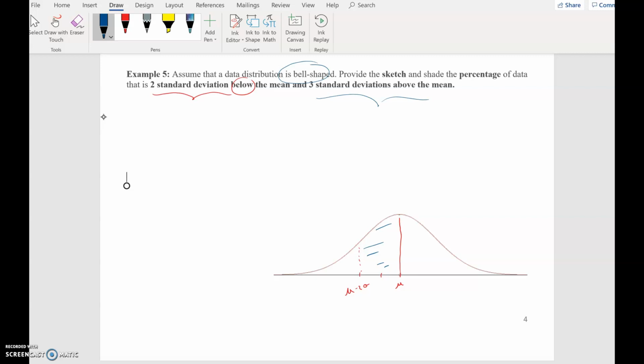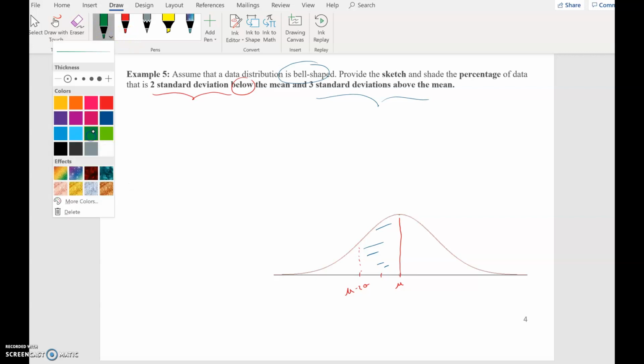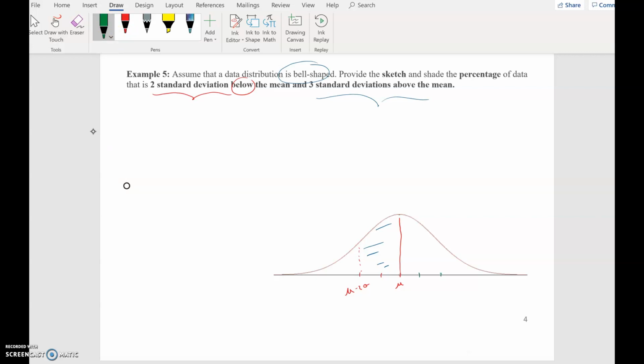So technically, let me just use a different color here. So this is going to be 1, 2, and 3. So this is mu plus 3 sigma. Okay, so let me take a look at this percentage. So let me erase this. So we're taking a look at this portion here.